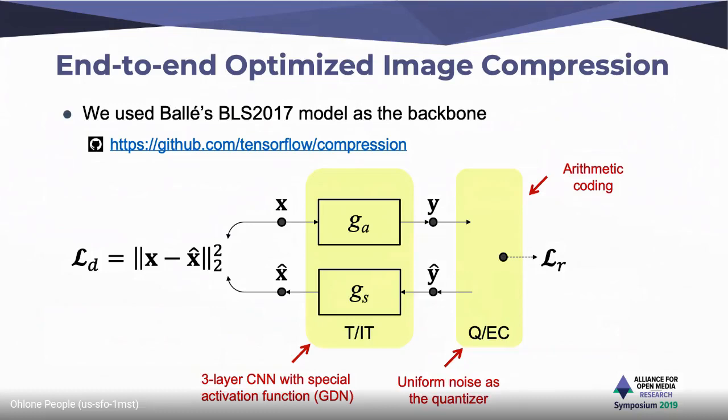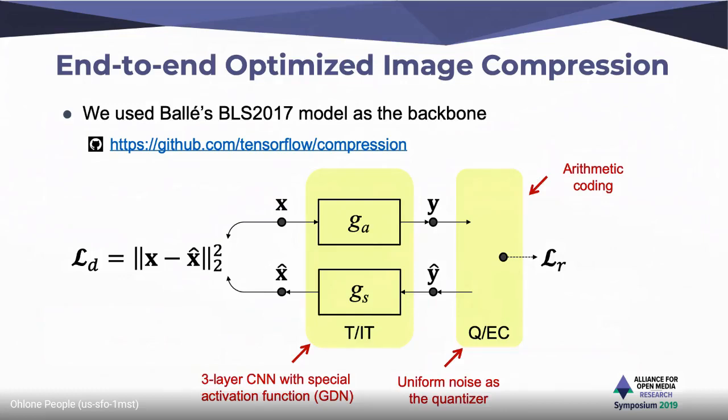In the slide, you can see there's an X, which denotes the pristine image, and X hat is the decoded image. They use a 3-layer convolutional neural network to serve as a nonlinear transformation. And they use a GDN function instead of ReLU, which George has already mentioned this morning.